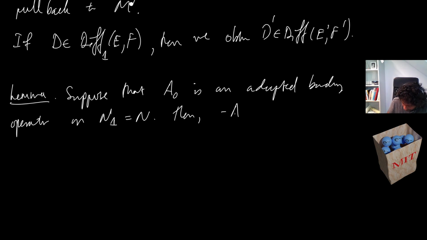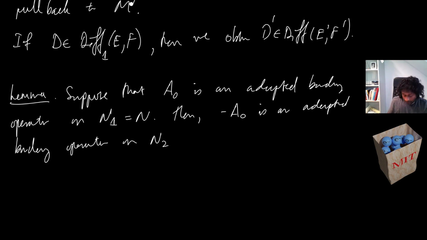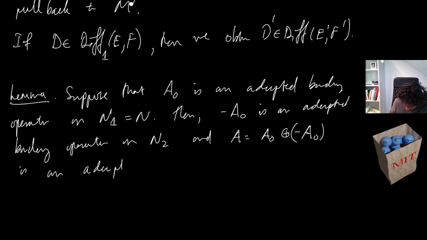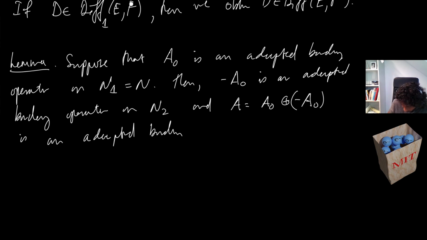Then minus A naught is an adapted boundary operator on N2, and A equals A naught plus minus A naught is an adapted boundary operator on the boundary, right, which is the disjoint union of N1 and N2.